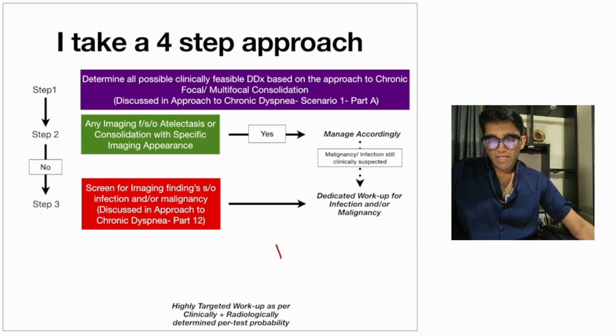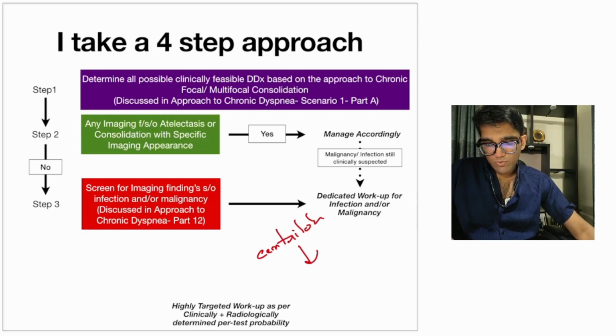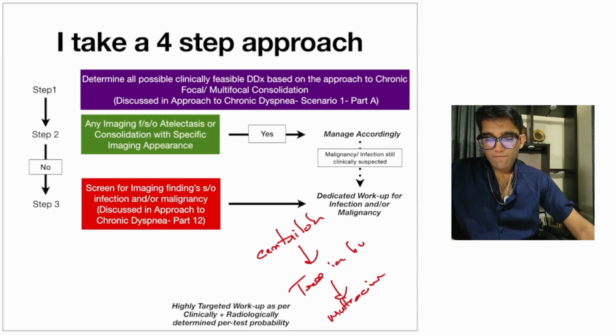This could also be the case with DNA viral infections, but bacterial infections pass through 4 stages. First there's a centrilobular opacity, which progresses to tree in bud, which then becomes multifocal or multi-acinar opacities, which then become consolidation. So if you find a constellation of these findings, you're already suspecting an infective process.